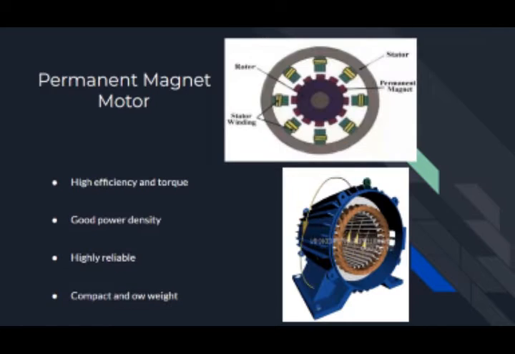Then, the permanent magnet brushless motor. These motors have become increasingly attractive and can directly compete with the induction drives for EVs. The permanent magnet synchronous motor and brushless DC motor are two main representatives. The advantages are high efficiency, high power density, and high reliability.